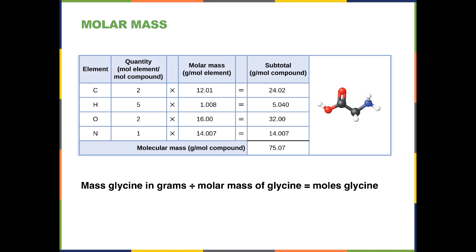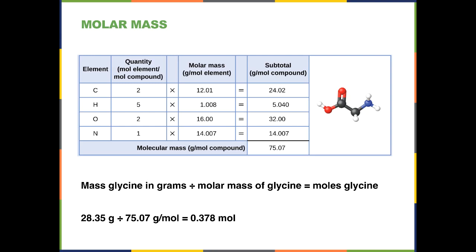You add all that up and you get 75.07. You then take that number and divide it into the mass that you have, which was 28.35, and you find that you have 0.378 moles of glycine. Now, if you multiplied that 0.378 times 6.02 times 10 to the 23rd, it would tell you how many molecules.